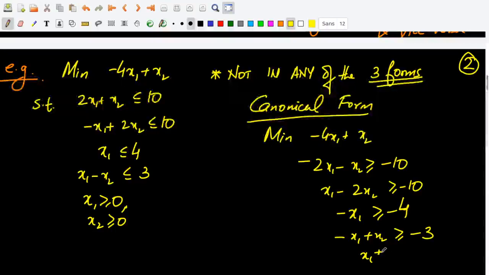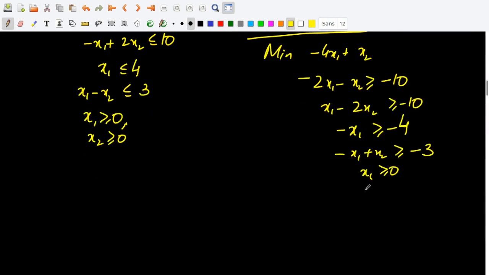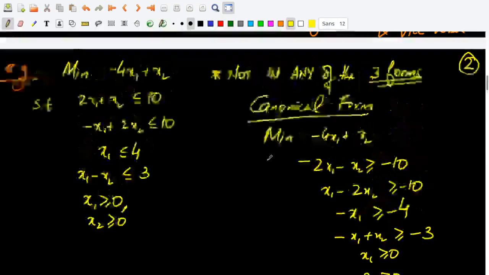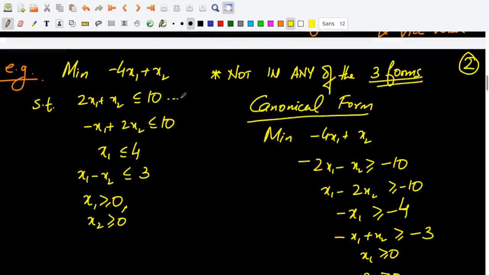The last two inequalities are already in the form that we want, so we are not going to multiply them by anything. Let's say this is inequality 1, so this is inequality 1 times minus 1, and so on.